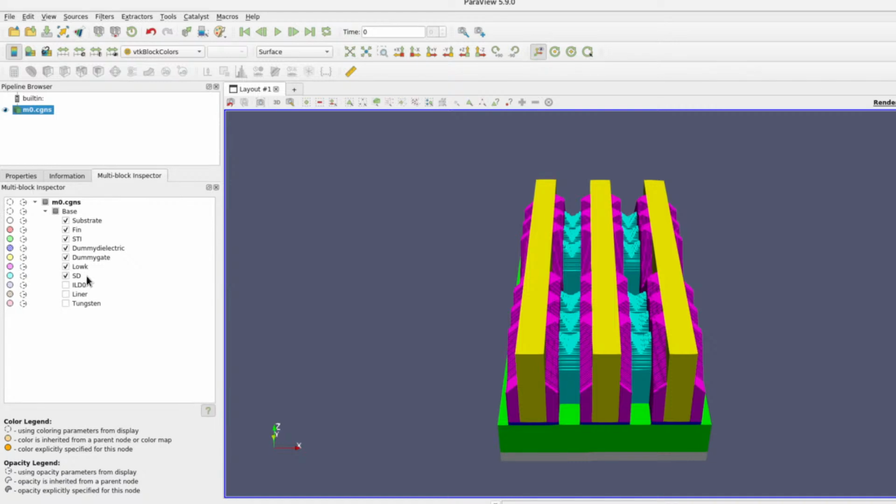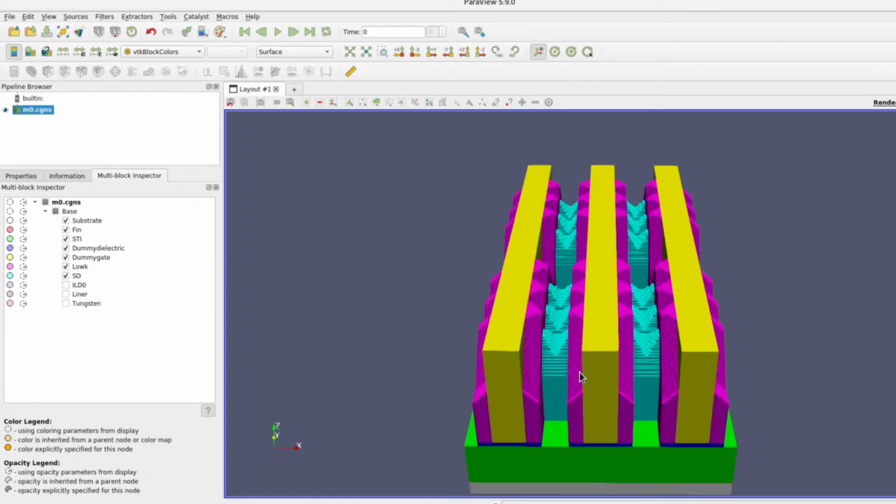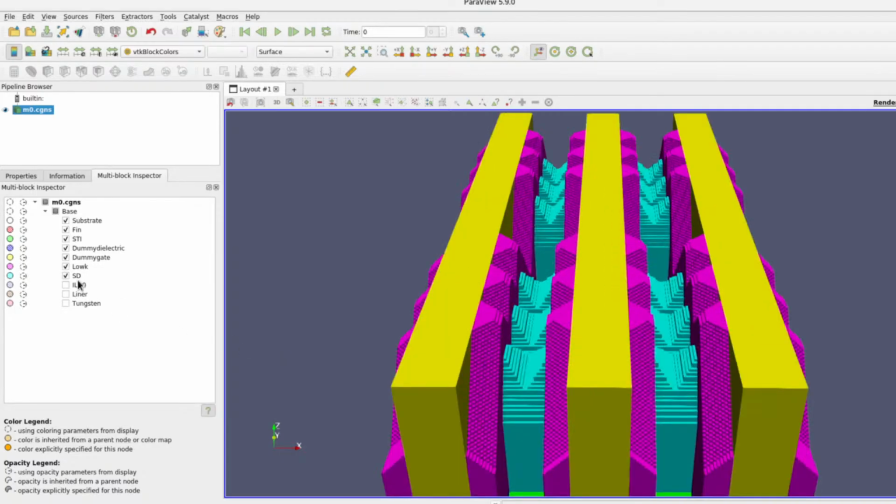In the previous video, I used the term silicon germanium. However, for this one, this is silicon with carbon, and this one is silicon germanium, and their shapes are different.